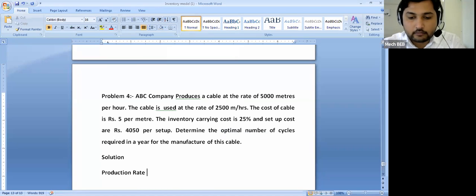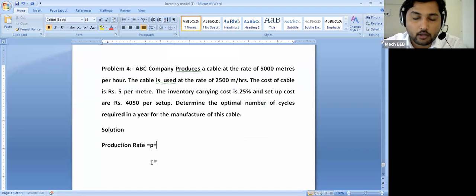Now you can write the given data. Production rate is provided as P. So P is equal to the production rate, 5000 meters per hour.